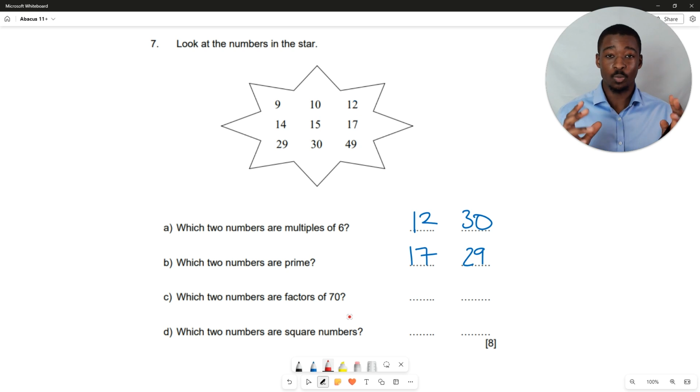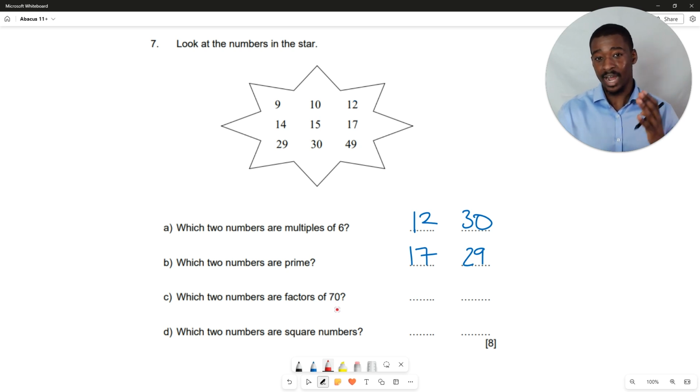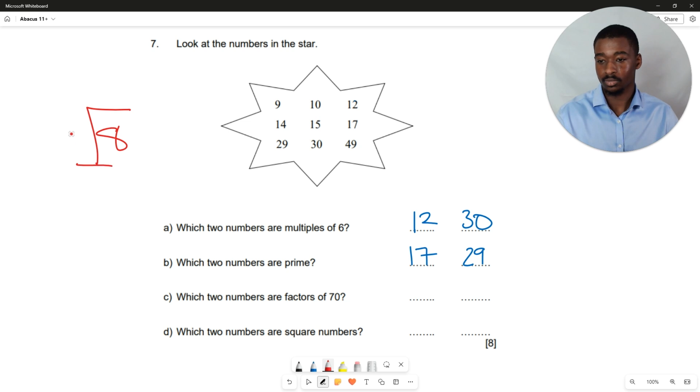So now let's move into part C, and now we have which 2 numbers are factors of 60. So we've already gone through multiples, but what do we mean by factors? Well, a number will be a factor of 70 if 70 can be divided by that number and it leaves no remainders, right? So if we have 8, for example, and we divide 8 by 4, then since 4 times 2 is 8, we have a clean number.